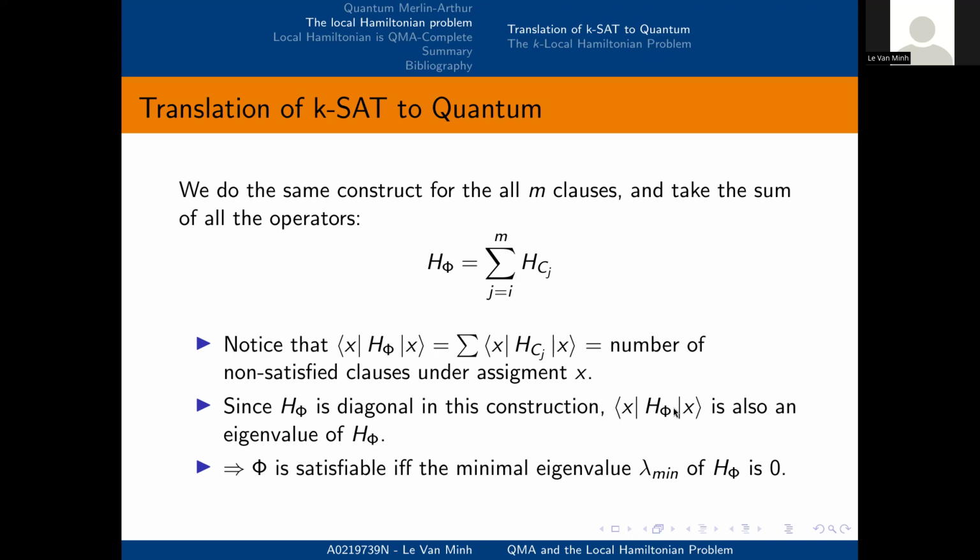But since H_φ is diagonal in this construction, bra X H_φ ket X is also an eigenvalue of H_φ. So we can state that φ is satisfiable if and only if the minimal eigenvalue λ_min of H_φ is equal to 0.